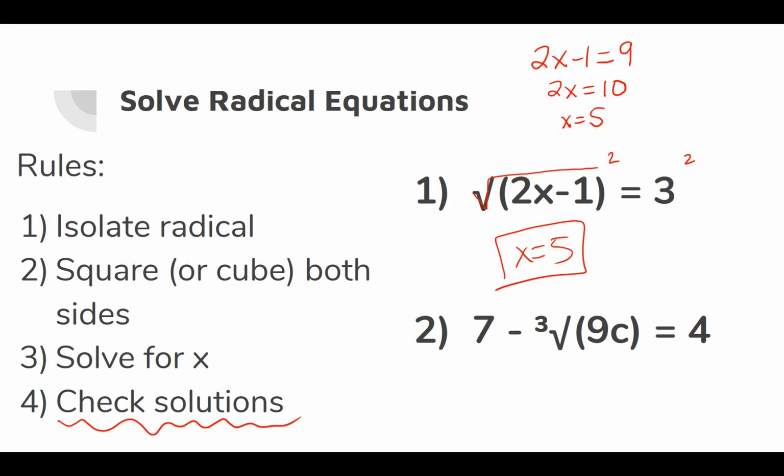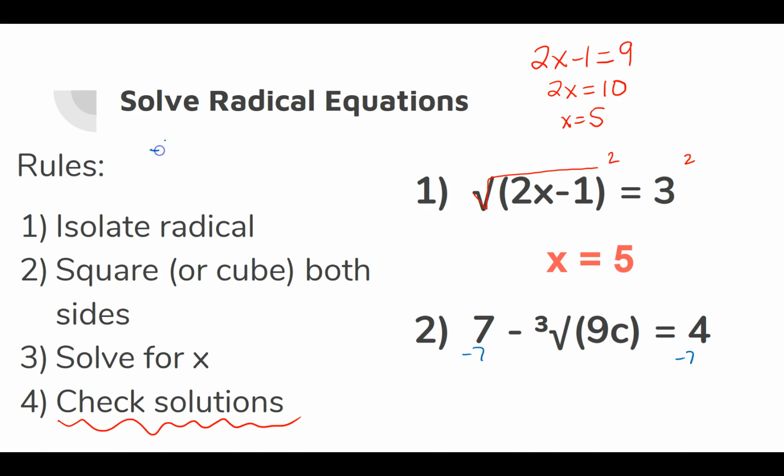My next one: 7 minus the cube root of 9c is equal to 4. Is my radical by itself? It is not. What is attached to it? 7 and a -1. Which one are we going to move over first? Let's subtract the 7 first.